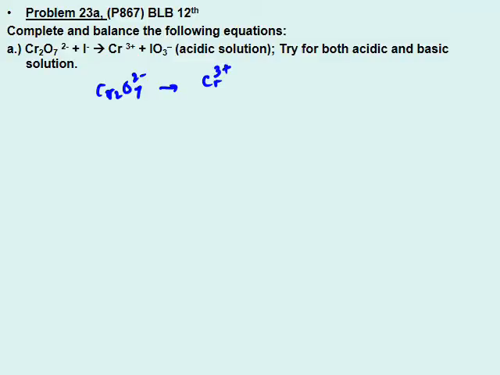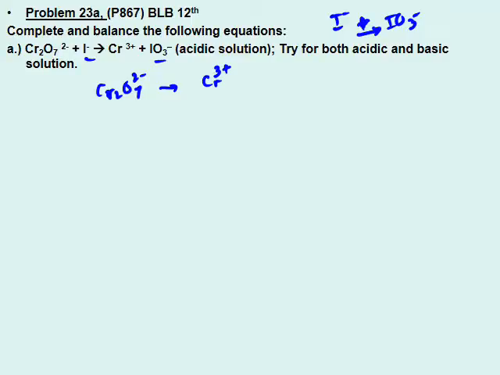That's going to be my first half reaction. The other half reaction will be I minus and IO3 minus. So keep that in mind. I am going to write it down because I don't know how much space I would have at the end. This is I minus giving IO3 minus. I think this should not be plus. Giving IO3 minus.